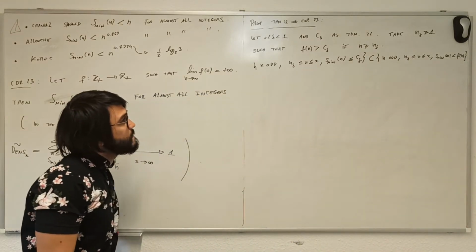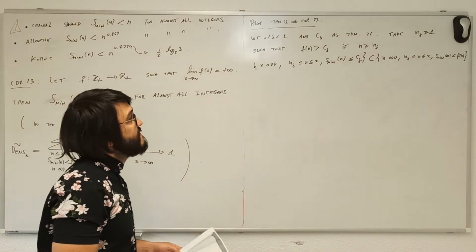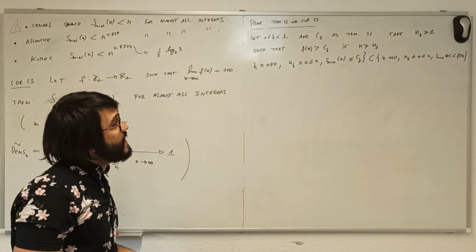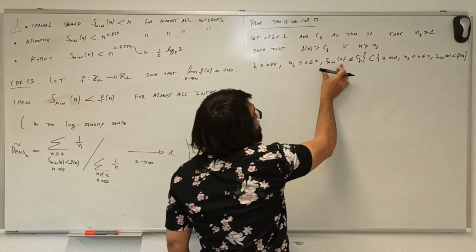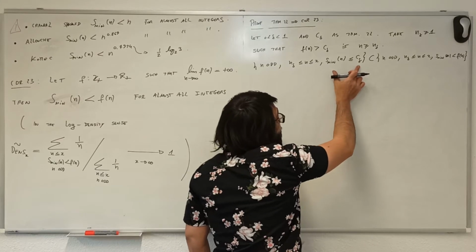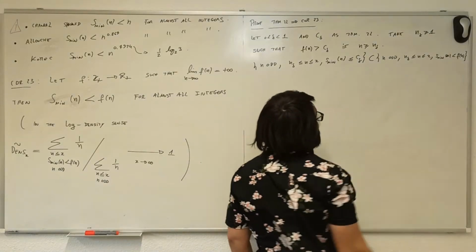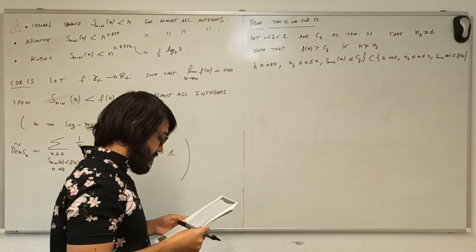That is to say that the event that this is less than c delta implies the event that this is less than f of n.